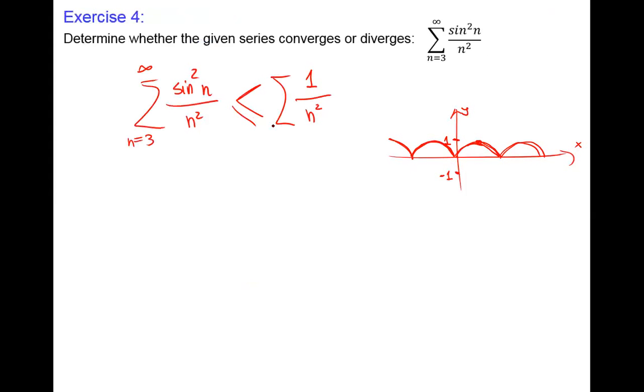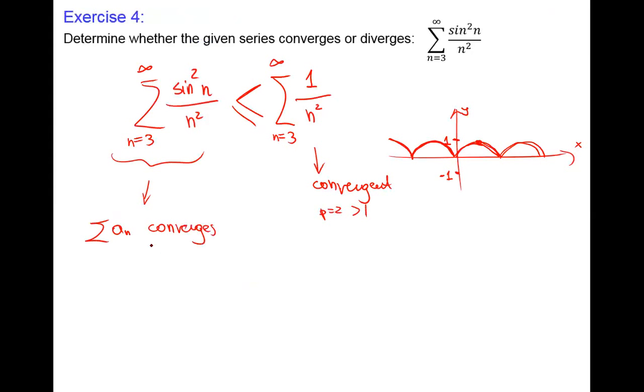We can also start with 3, it doesn't matter. This one is definitely convergent because p equals 2 is greater than 1. Then my original A sub n series converges too, by direct comparison test, and we're comparing with just 1 over n squared.